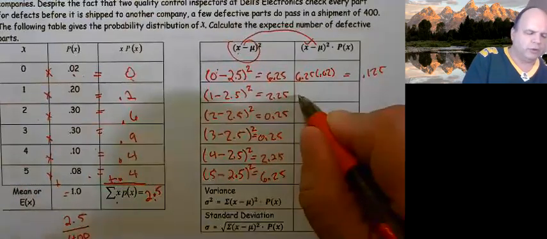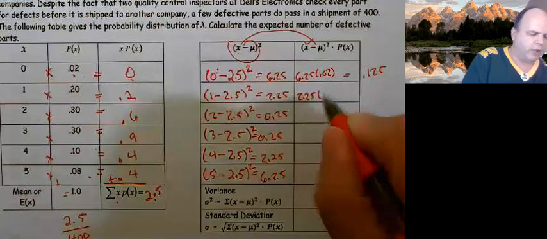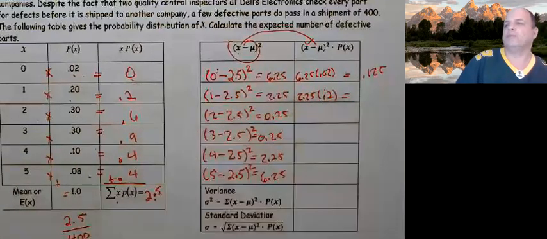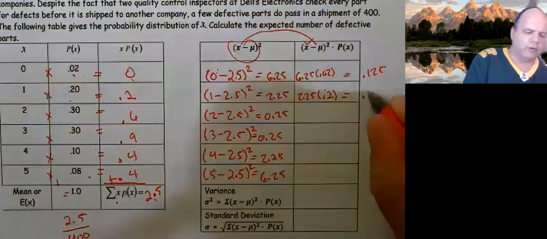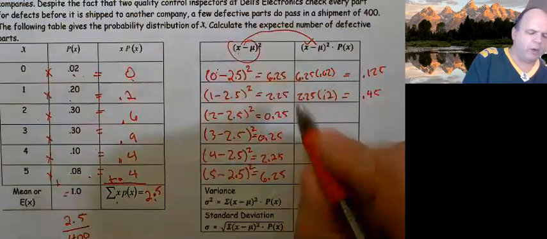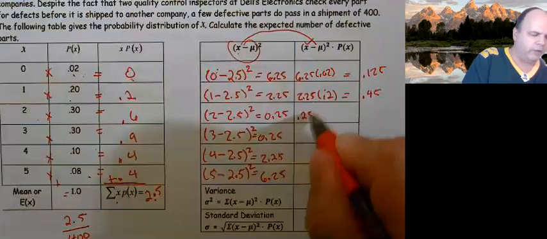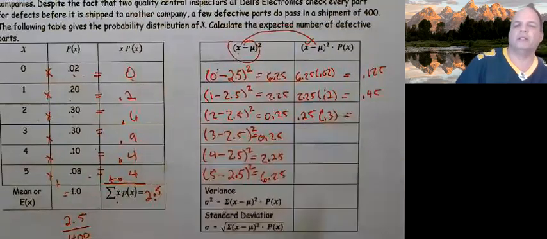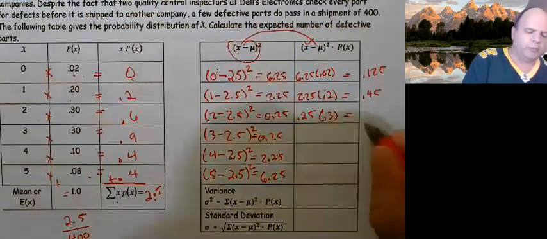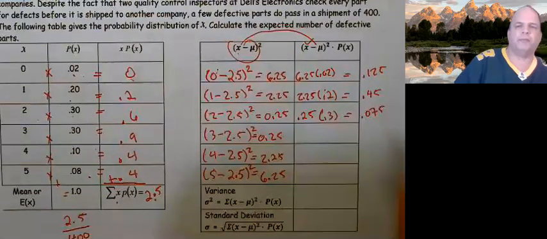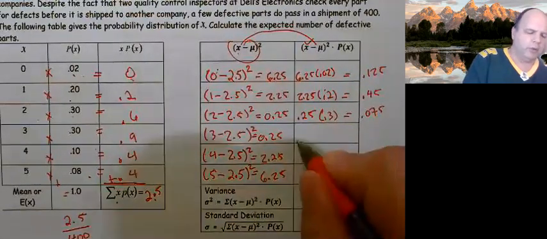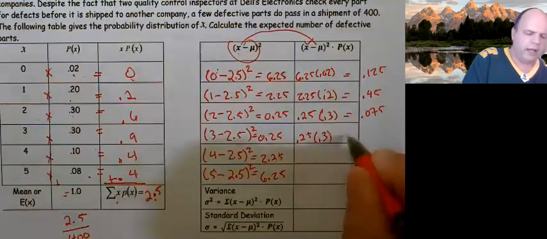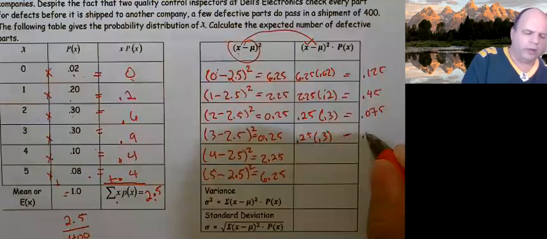Then we have 2.25 times its probability of 0.2 equals 0.45. And please follow me all the way through this. I'm going to tell you it's going to be really nice when we get to the calculator, but I do want you to know what the calculator is doing, because I believe it'll help your understanding, and it'll also help you when you get off to college. All right, and then 0.25, once again, times 0.3, and that also equals 0.075.